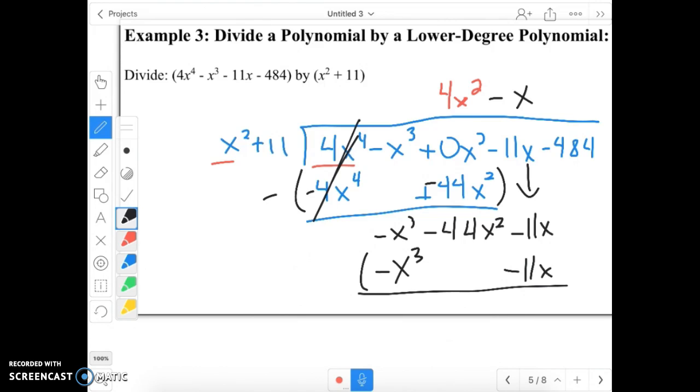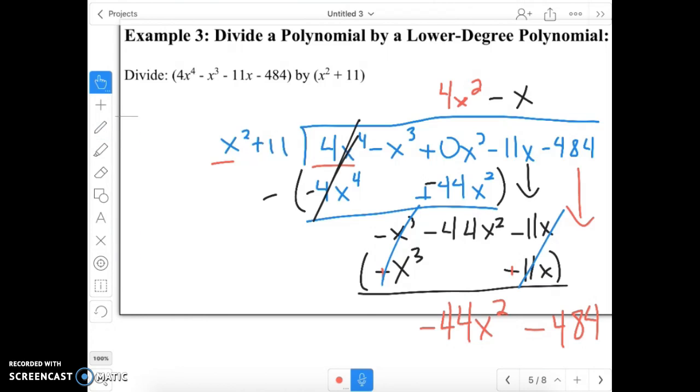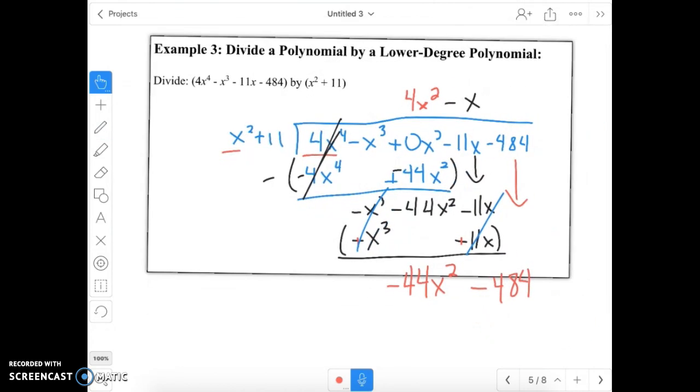Switch our signs because we have to subtract, so that turns into a plus, that turns into a plus. Now you can see here, both of those cancel out. We're left with this negative 44x squared term. Notice I didn't do anything with that before. I just kind of left it, and my problem is working around that.